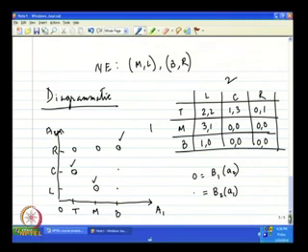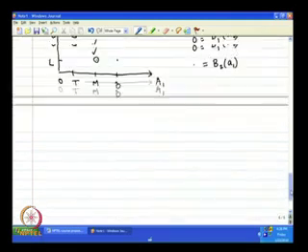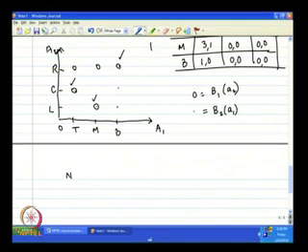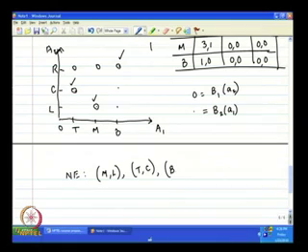So, 3 Nash equilibria are there, one is ML, then we have TC, and we have BR.